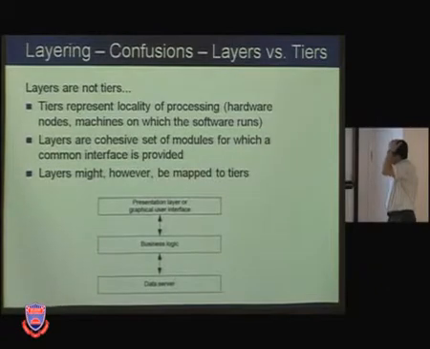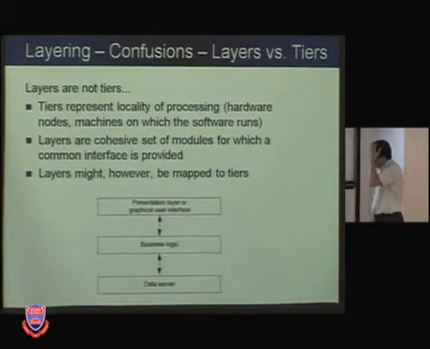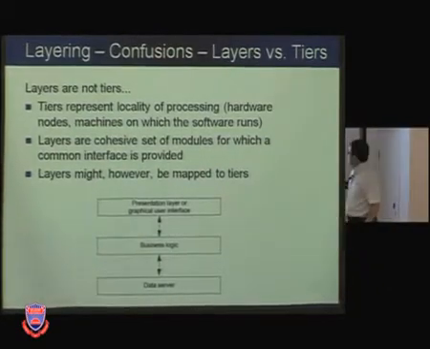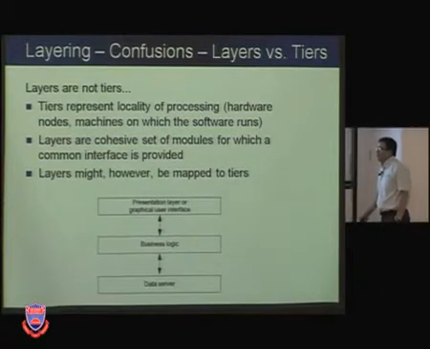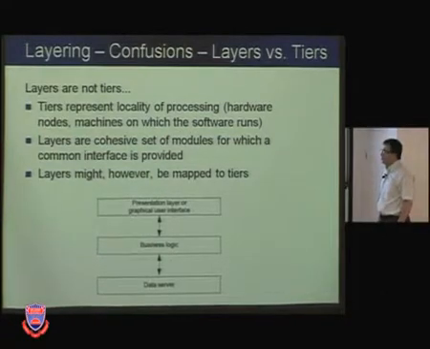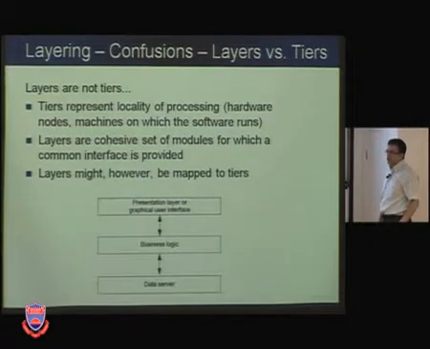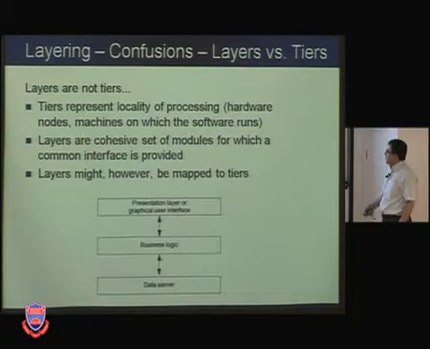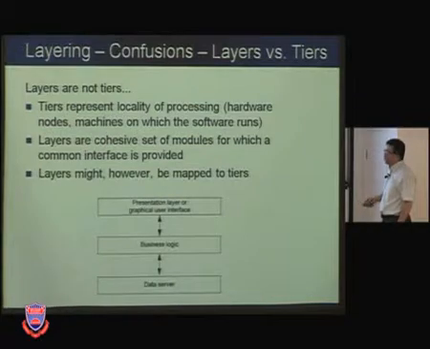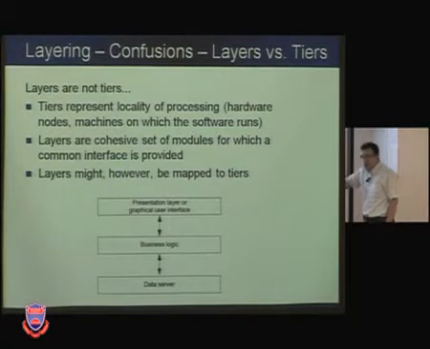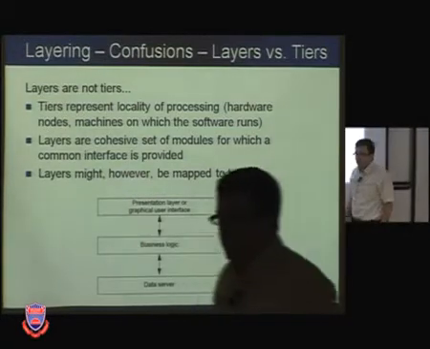Layers are not tiers. Okay. What are tiers? Tiers represent the locality of processing: hardware nodes, machines on which the software runs. Layers are a cohesive set of implementation modules for which a common interface is provided. Tiers, typically hardware; layers, software.